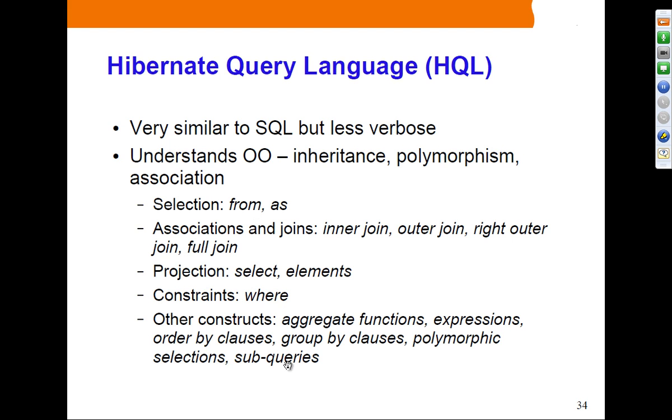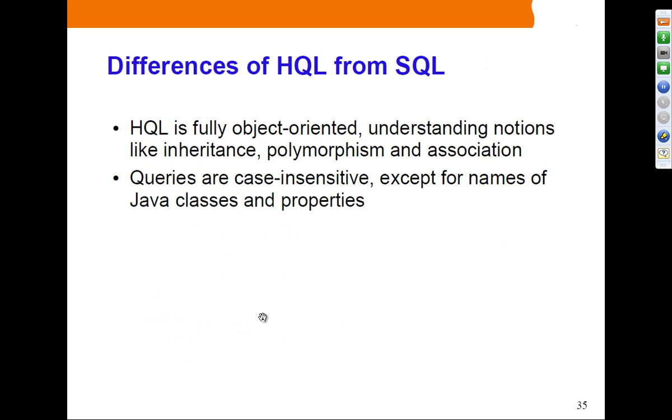These are pretty much like SQL, but we are going to use an object. HQL is fully object oriented, understanding notions like inheritance, polymorphism and association, and the queries are case insensitive except for names of Java classes and properties. Java classes are obviously case sensitive.